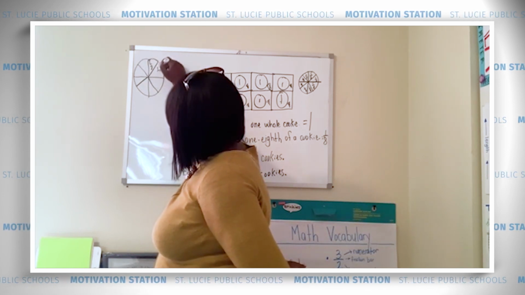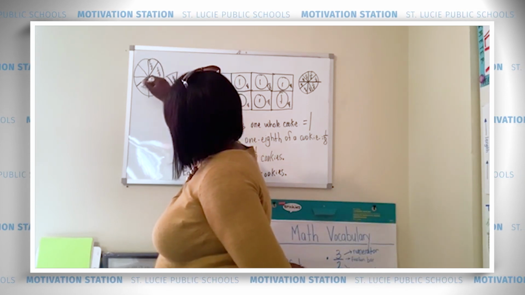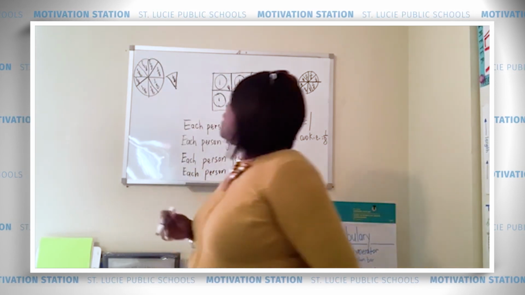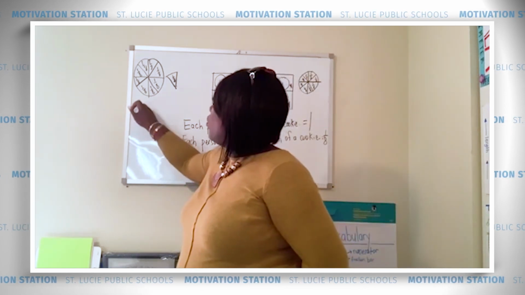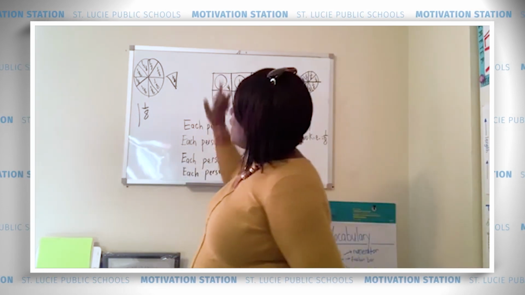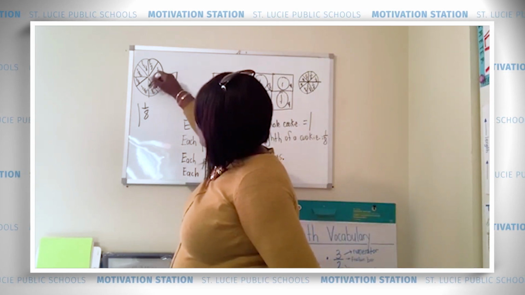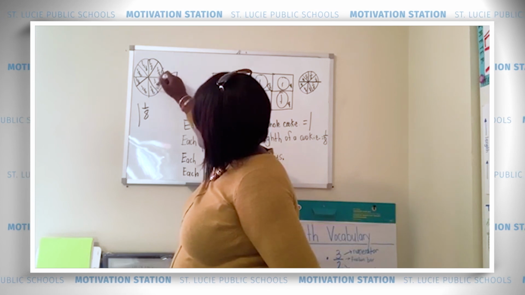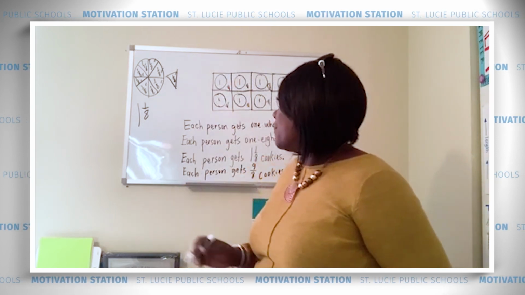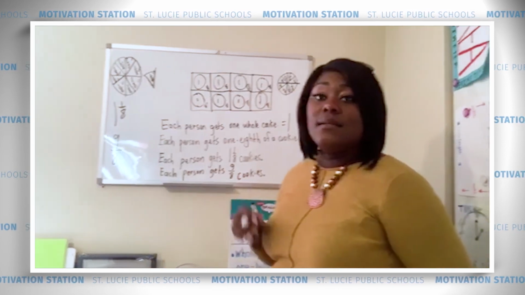And now we have created eighths. 1/8, 2/8, 3/8, 4/8, 5/8, 6/8, 7/8, 8/8. So although each friend has 1 and 1/8 cookies, I can count how many eighths are just there. 1/8, 2/8, 3/8, 4/8. Let's start again. 1/8, 2/8, 3/8, 4/8, 5/8, 6/8, 7/8, 8/8, 9/8. Each friend also has 9/8 cookies.